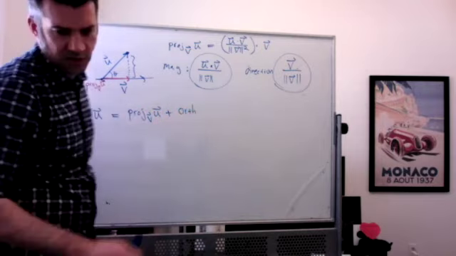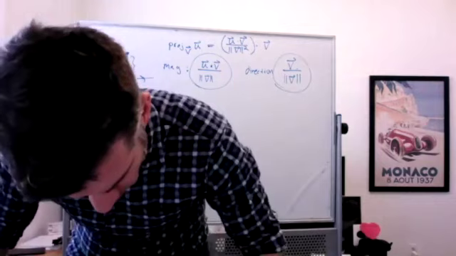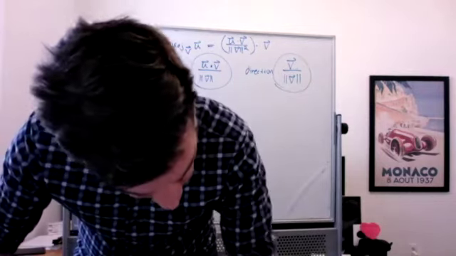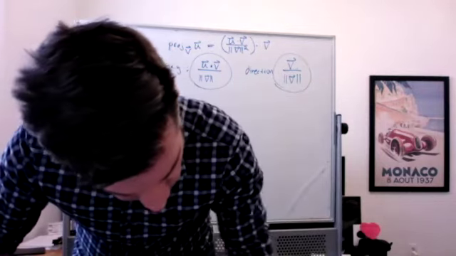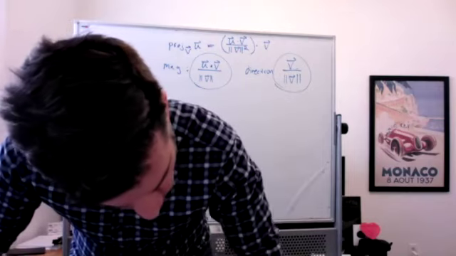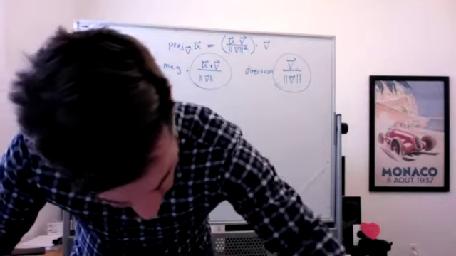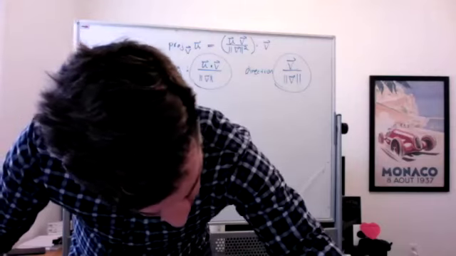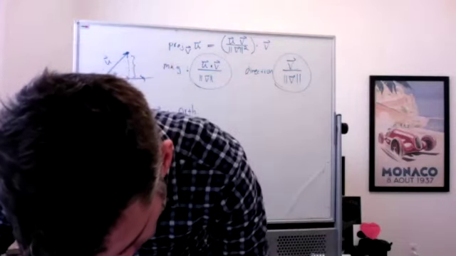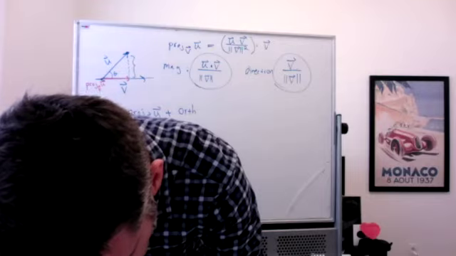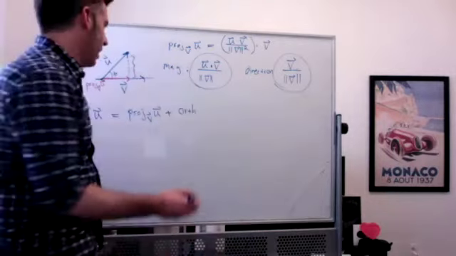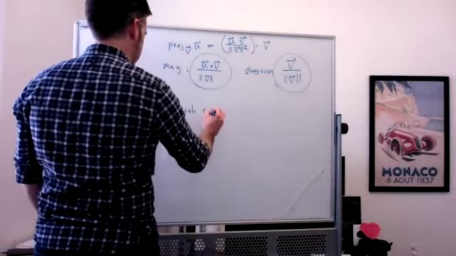I don't know if there's good notation for the orthogonal complement. Let me look in the book here real quick. Sometimes people make up nice notations for it. Sometimes people do not. I'm not seeing particularly nice notation here, which is typical. Yeah. So I'm going to call this the orthogonal complement for a second.